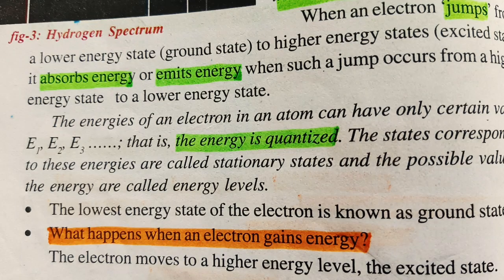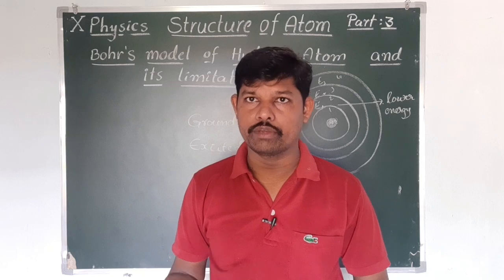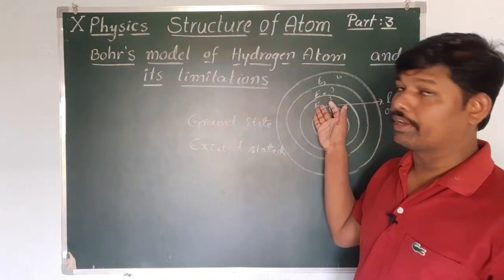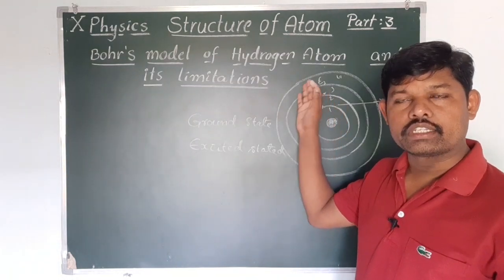See the textbook once. The energies of an electron in an atom can have only certain values, E1, E2, E3 and so on. That is, the energy is quantized. The states corresponding to these energies are called stationary states, and the possible values of the energy are called energy levels. These are the energy levels E1, E2, E3 and so on.